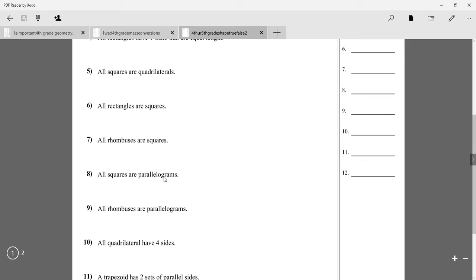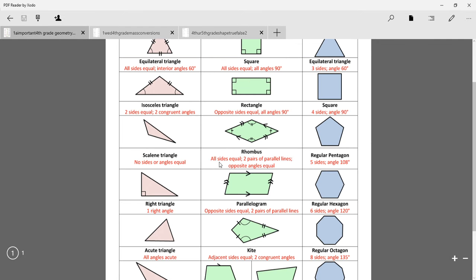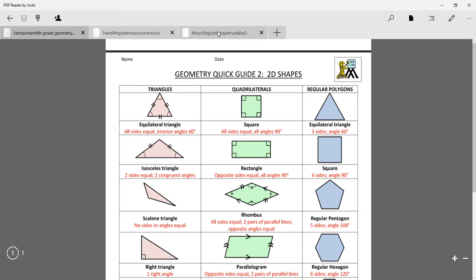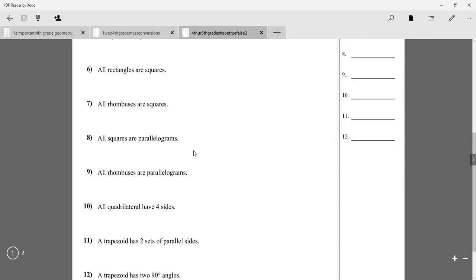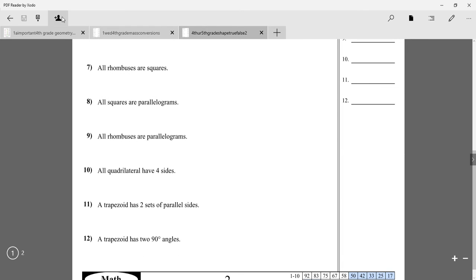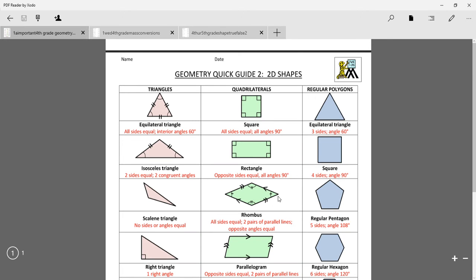All squares are parallelograms. Yes. They are, because opposite sides are equal and two pairs of parallel lines. So all squares are parallelograms because they meet this criteria right here. All rhombuses are parallelograms.